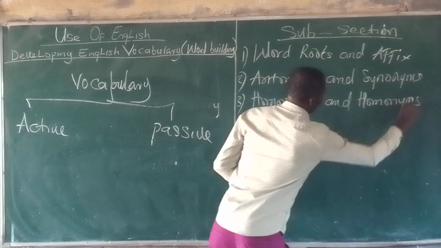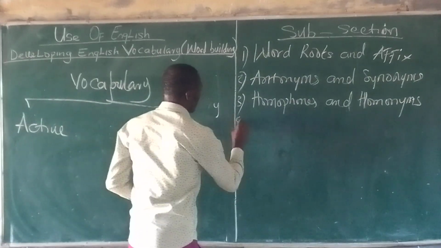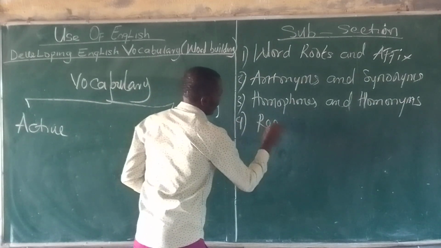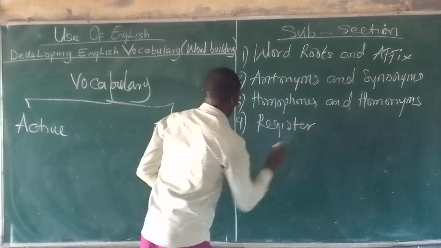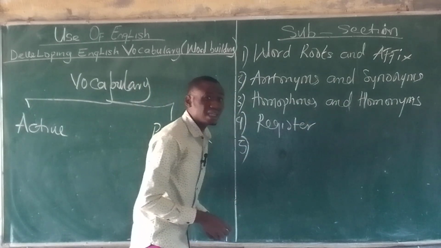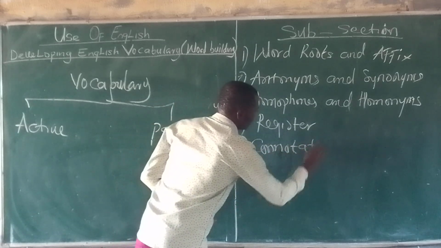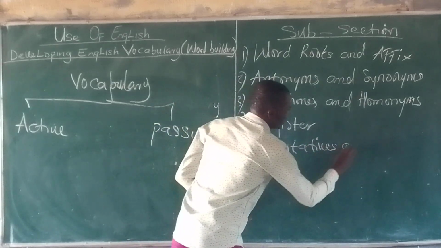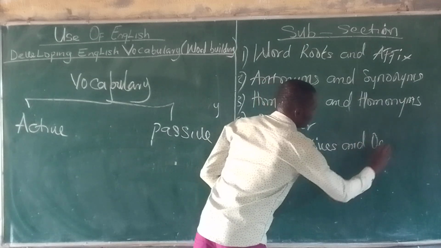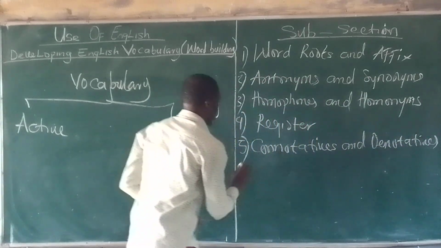Alright. Number 4, you look at register. Number 5, you look at connotatives and denotatives.